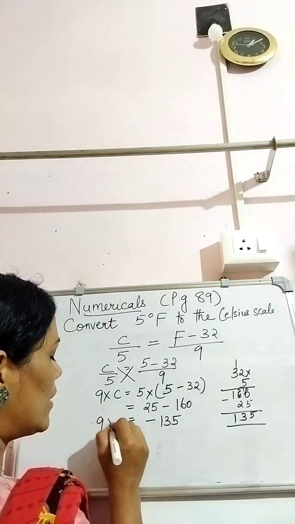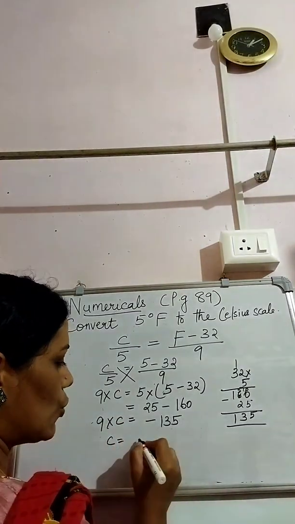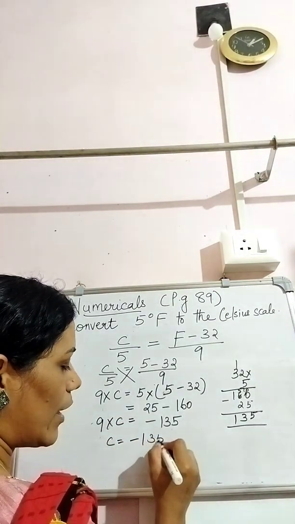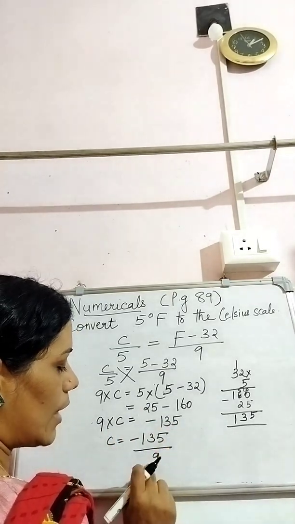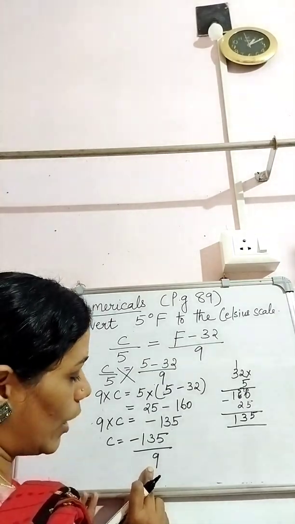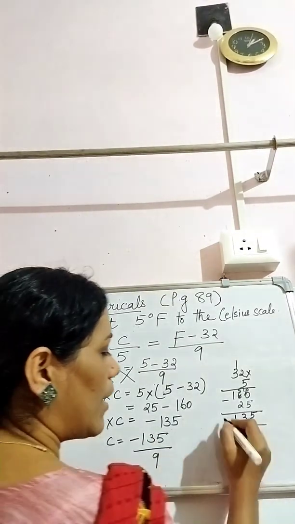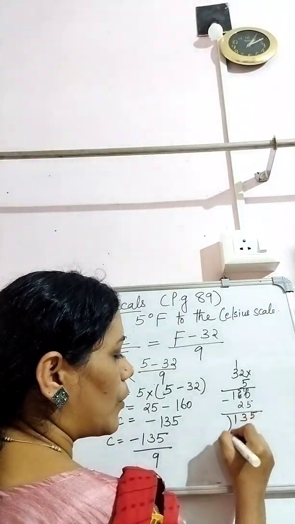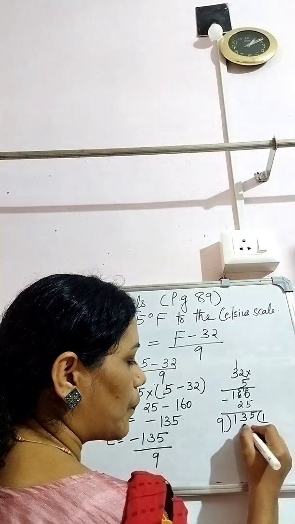So 9 into C is equal to minus 135. So C is equal to minus 135 divided by 9. When you take 9 to the other side, it will be divided. So minus 135 divided by 9. We'll just divide 135 by 9. 9 ones are 9.